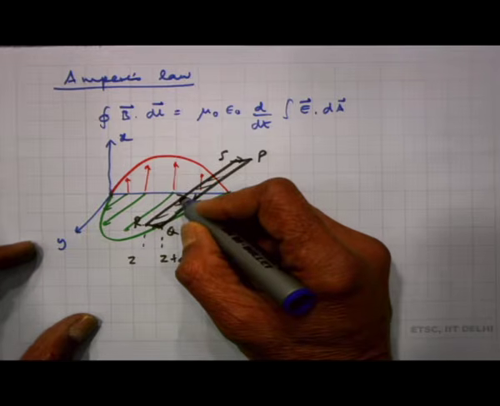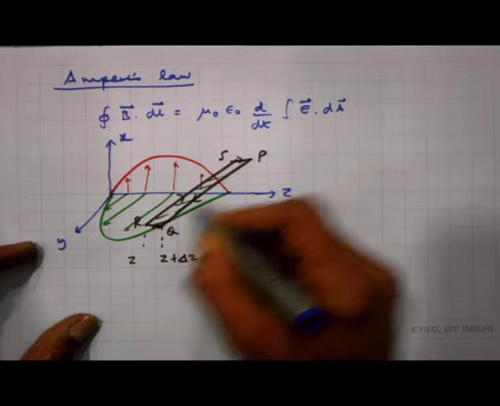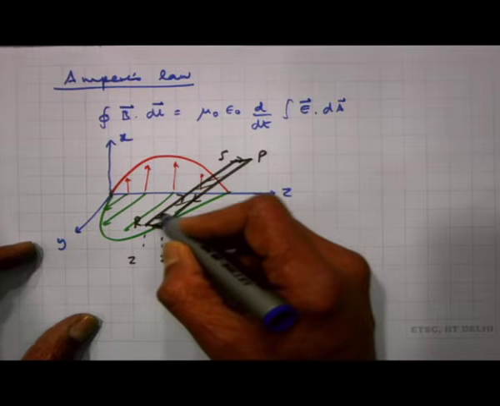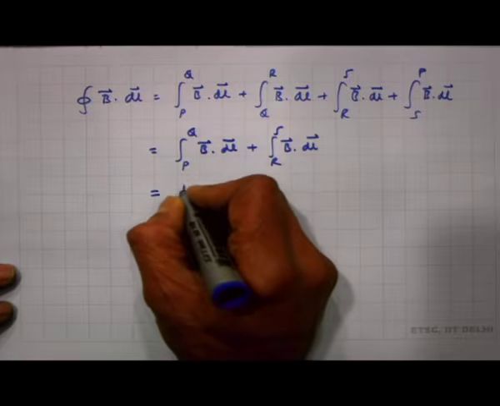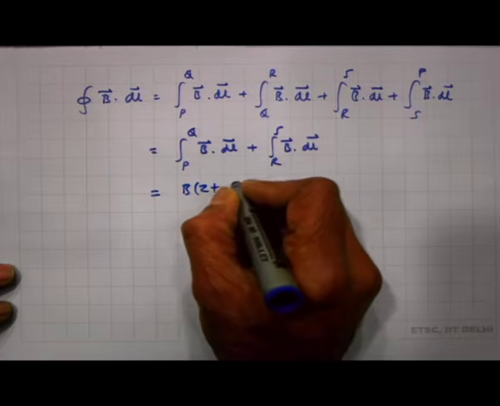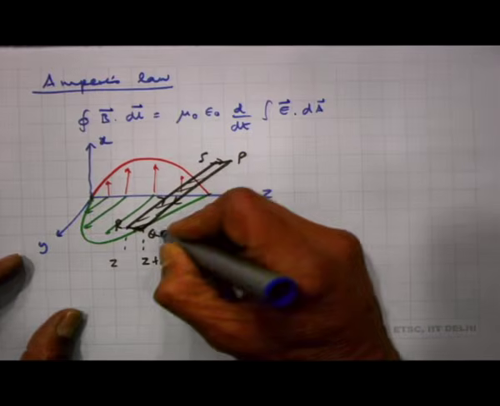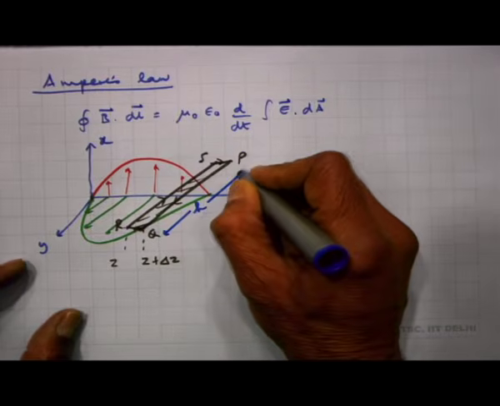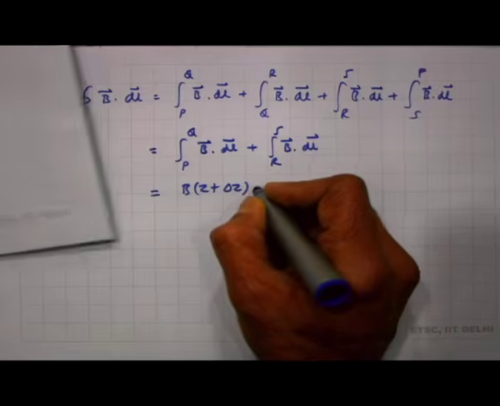Here the magnetic field is at z. The direction of the magnetic field is along the path of integration, so B dot dl is B dl. Similarly, here I can calculate B dot dl. So, I will get B at z plus delta z into, again I will assume that this distance is h as before, so B at z plus delta z into h.